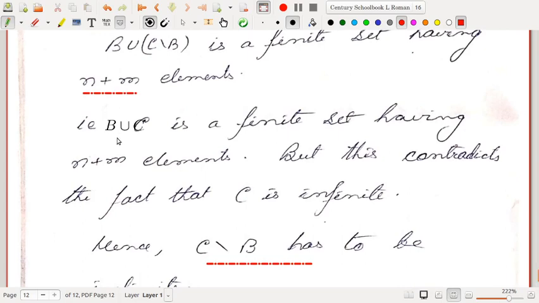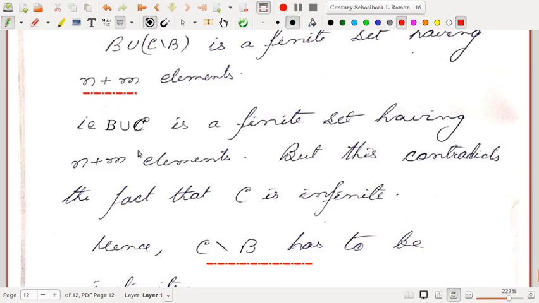So why does it contradict? If B union C is finite, that means there exists a bijection from B union C to n plus m for some n plus m. And the restriction of f on C will also be a 1-1 map.